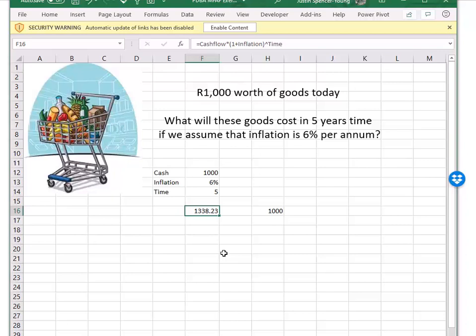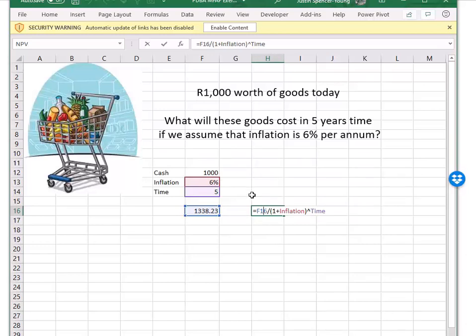If we were given the 1,338 and we had to reverse engineer it, we could try this formula. We could say the future value, and we are going to divide now instead of multiply, by 1 plus the inflation rate to the power of time.